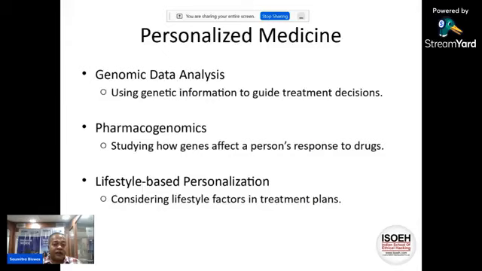And lifestyle based personalization. Suppose someone is so busy that he or she cannot take medicines during, say, 10 a.m. to 9 p.m. So what kind of medicine should we give to the patient, considering lifestyle factors? What should be given for the same disease?